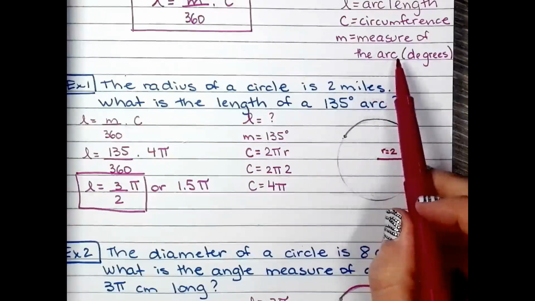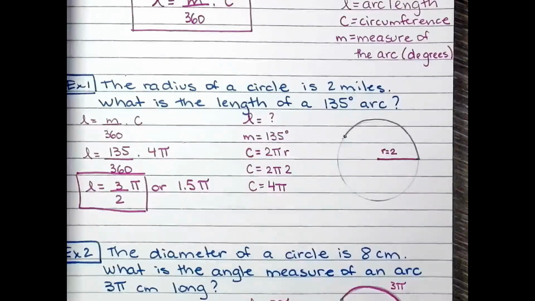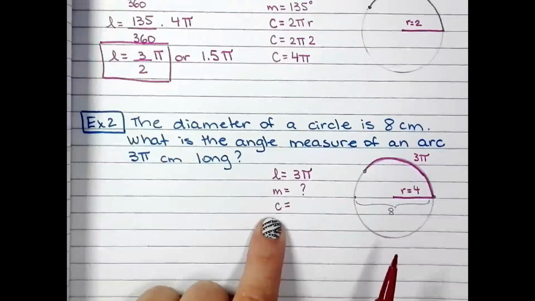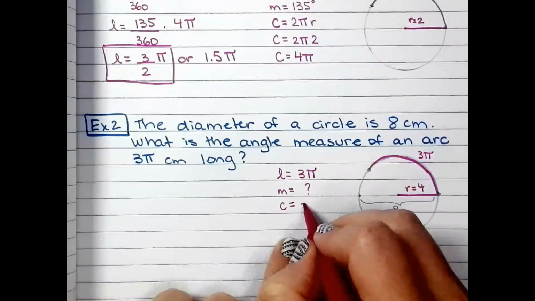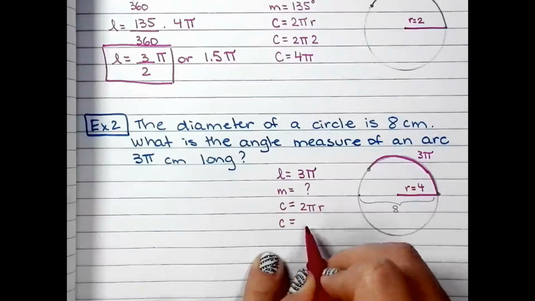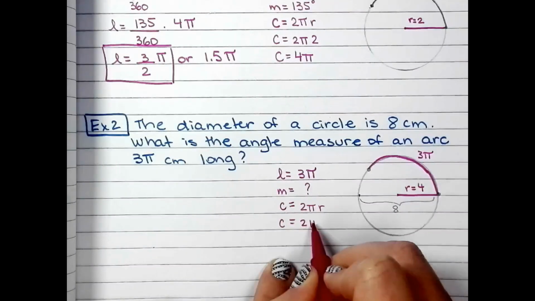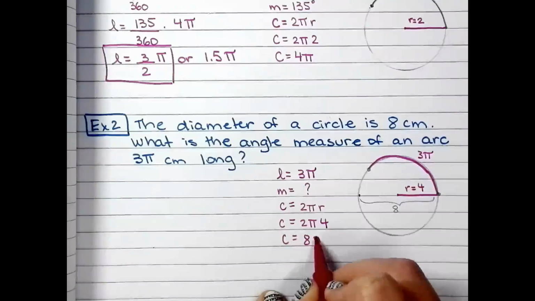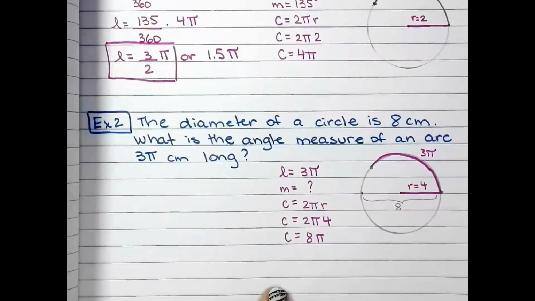Measure of the arc in degrees. Of the arc. And C, 2 pi r, and r is 4. So 2 pi 4, that makes 8 pi, because 2 times 4 is 8.